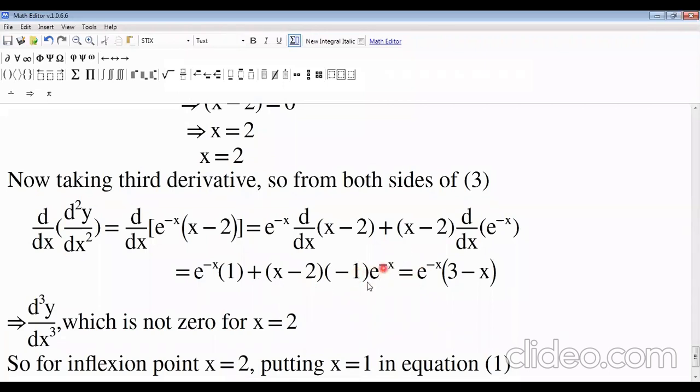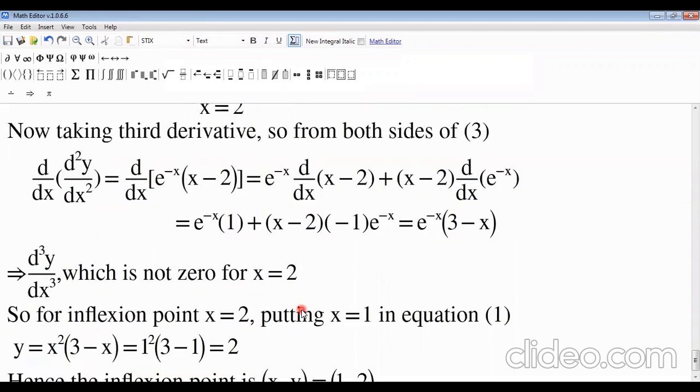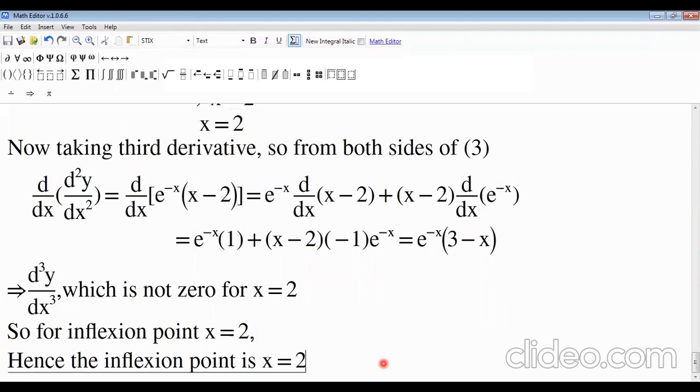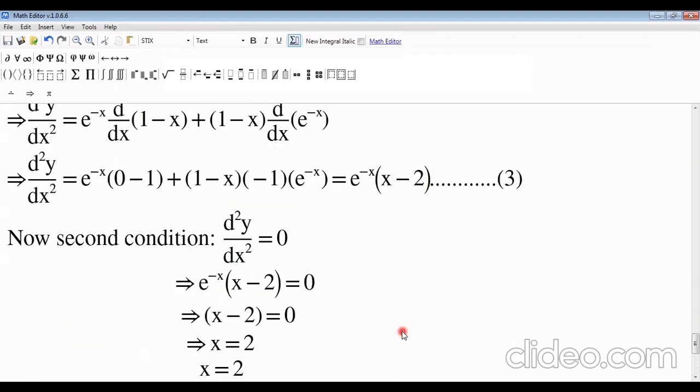Taking e to the power minus x common, we get (3 minus x). Remember, for x equals 2 this is positive. That means the third derivative is not 0 at x equals 2. So x equals 2 is the inflection point. Hence the inflection point is x equals 2, and this is our desired condition.